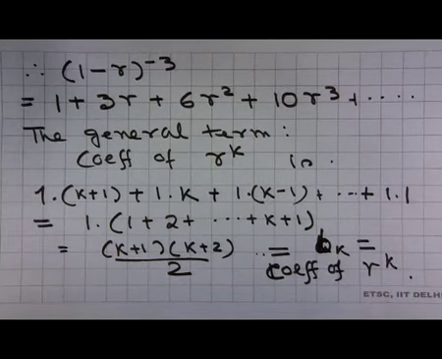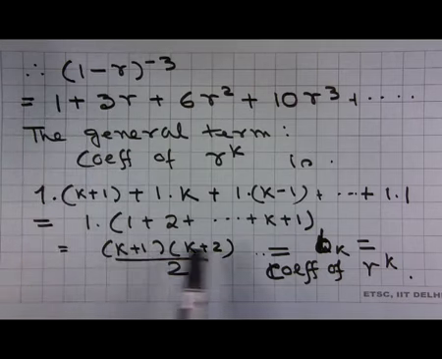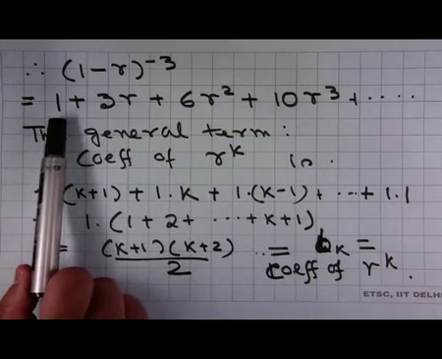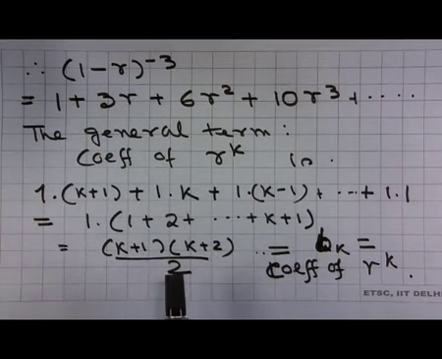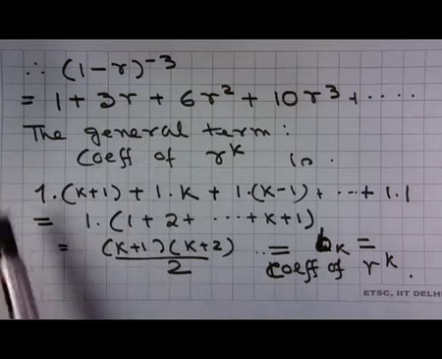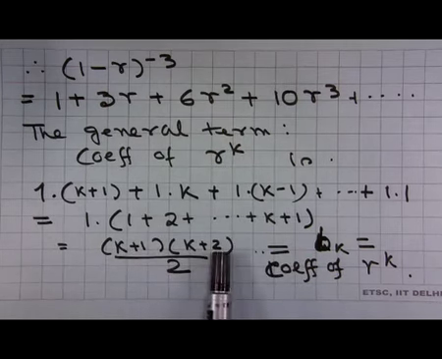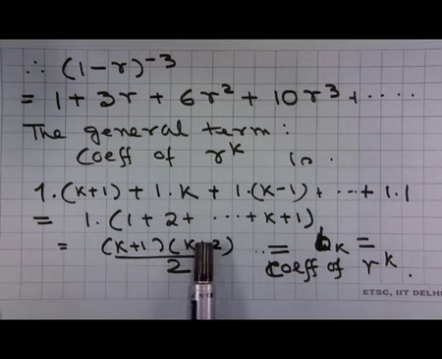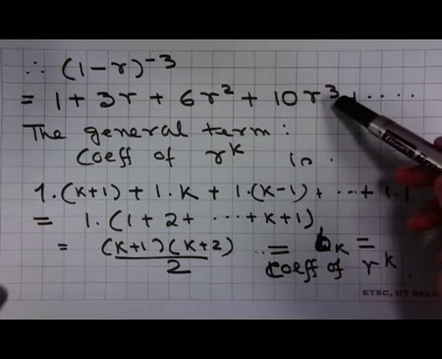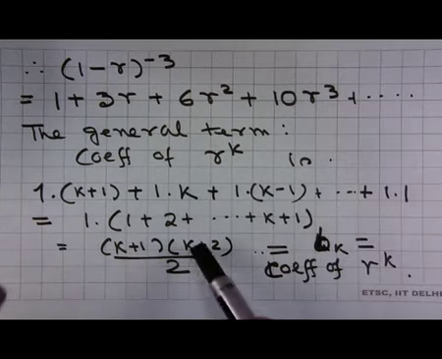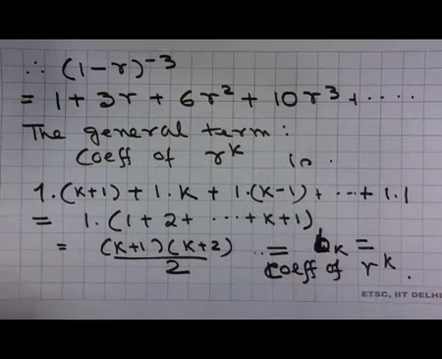So, you look at it, when k is equal to 0, it is 1 into 2 by 2, this is 1. When k is equal to 1, it is 2 into 3 by 2 is equal to 3. When k is equal to 2, it is 3 multiplied by 4, which is 12 divided by 2 is equal to 6. When k is equal to 3, it is 4 multiplied by 5 is equal to 20 divided by 2 is equal to 10.